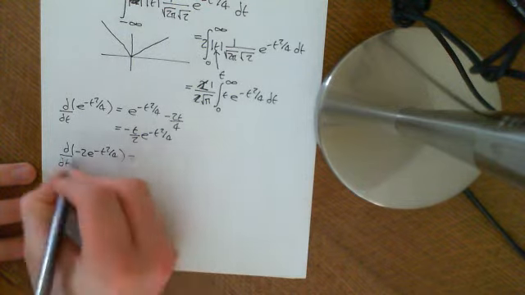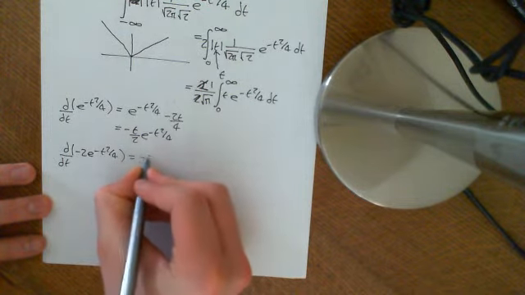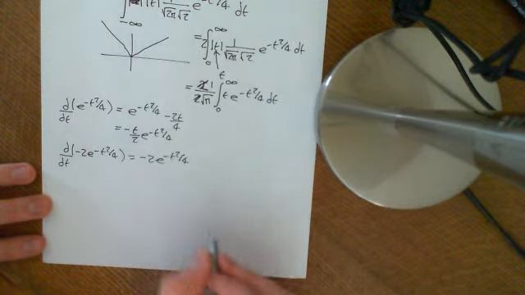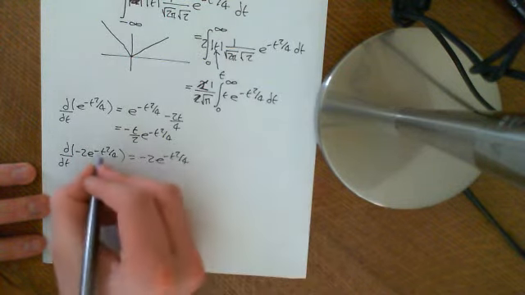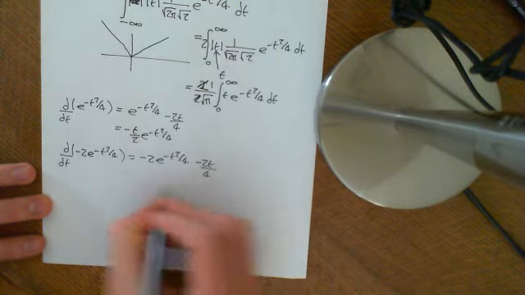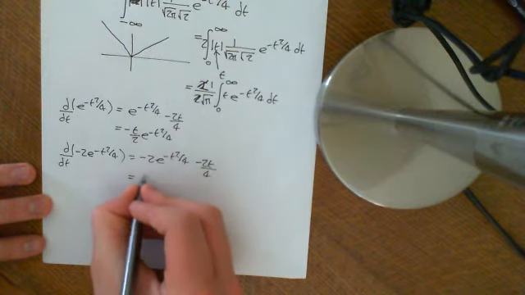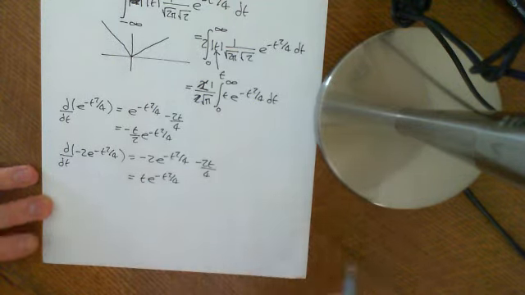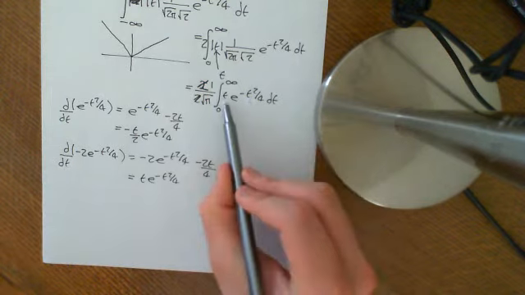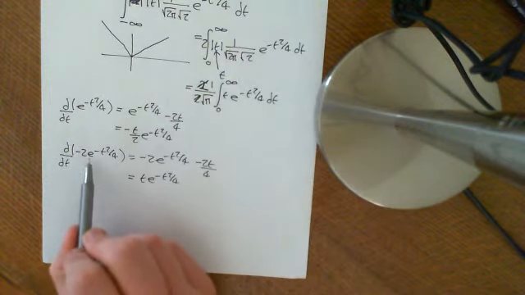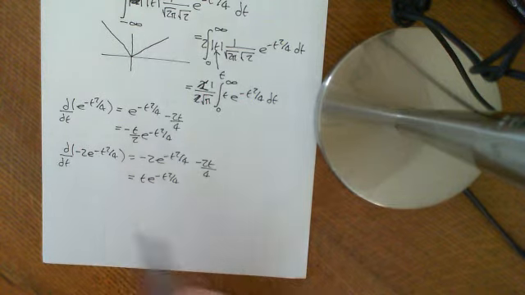So if I look at the derivative of this, it's negative 2 e to the negative t squared over 4, that's just the derivative of the exponential, times the derivative of the inside, which is negative 2t over 4. Now that cancels down to just give us t e to the negative t squared over 4. So the antiderivative of t e to the negative t squared over 4 is negative 2 e to the negative t squared over 4.